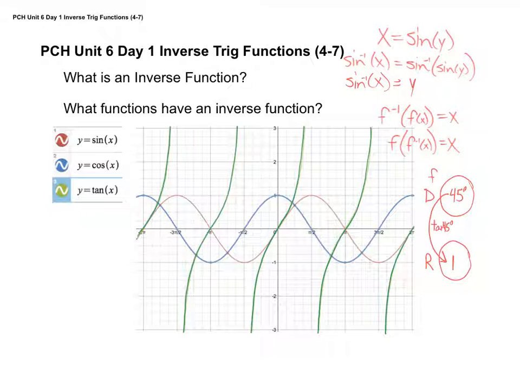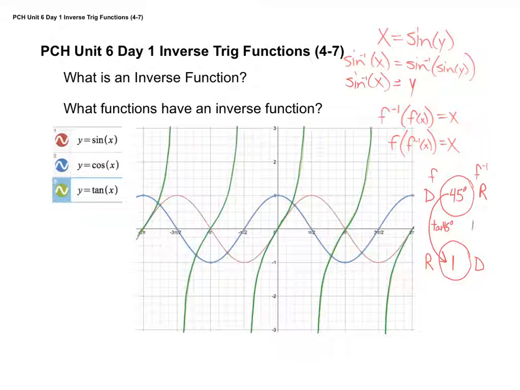Now watch this. The inverse function, the domain is going to be the range of the original function. And its range is going to be the domain of the original function.